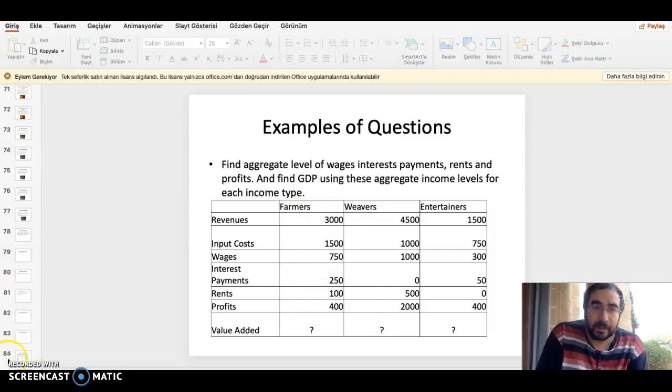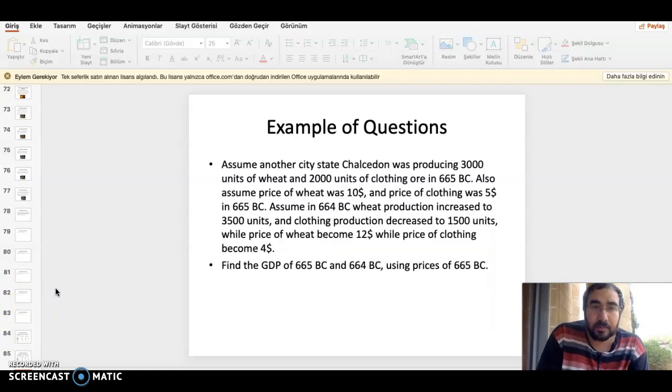Okay, let's go down. Assume another city, Kadıköy, now a part of a borough of Istanbul, or not neighborhood, a larger entity, was producing 3,000 units of wheat, 2,000 units of clothing. Assume the price of wheat is $10, price of clothing is $5.